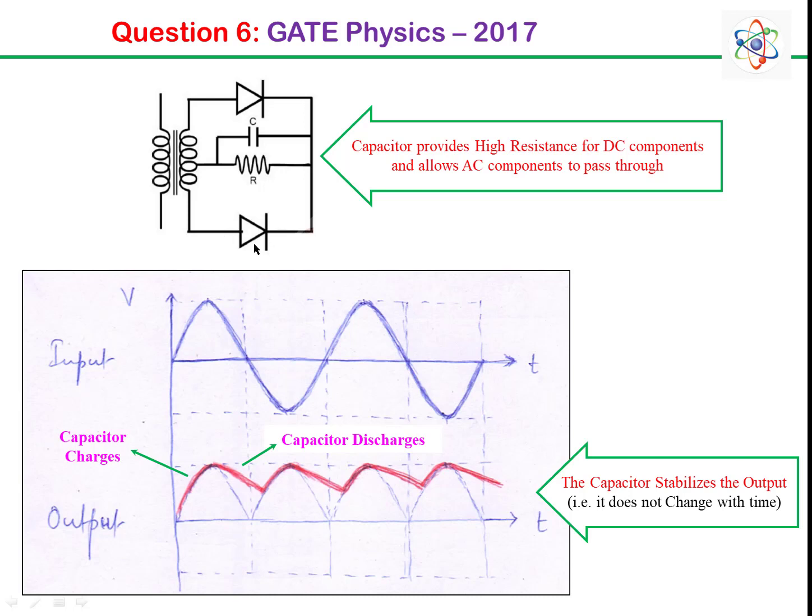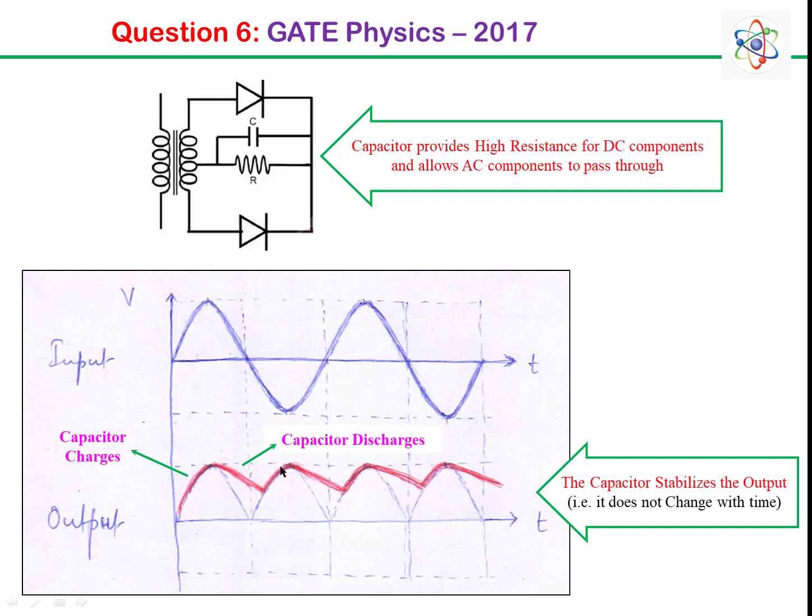So the current from the second diode will then charge the capacitor like this. So it is not able to discharge fully, because while it is trying to discharge, it encounters the current from the second diode, which charges the capacitor again, and therefore this pattern is obtained.